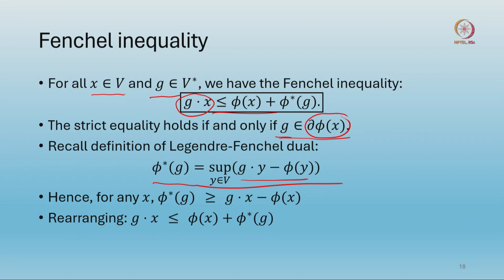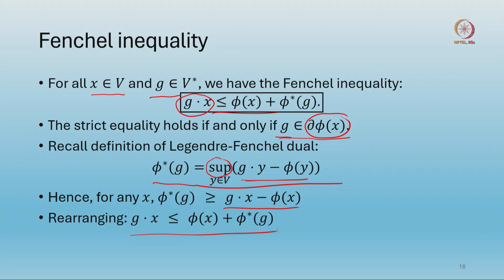So therefore, if I remove this supremum from here, I can simply say that phi star G has to be greater than or equal to Gx minus phi x for all x in V, correct. This is true because this is the maximum possible that you can get with the supremum. Just rewrite this and you get the inequality that we started off with: Gx is less than or equal to phi x plus phi star G, which is pretty straightforward.